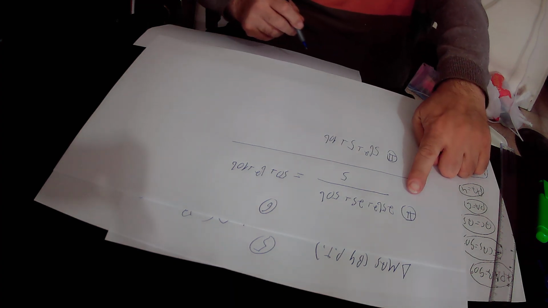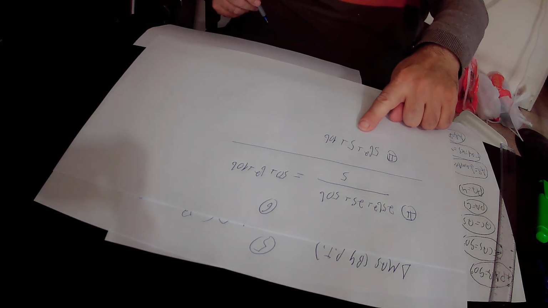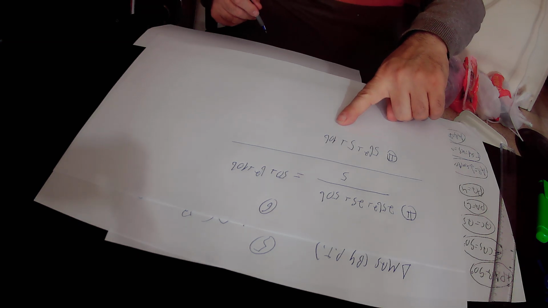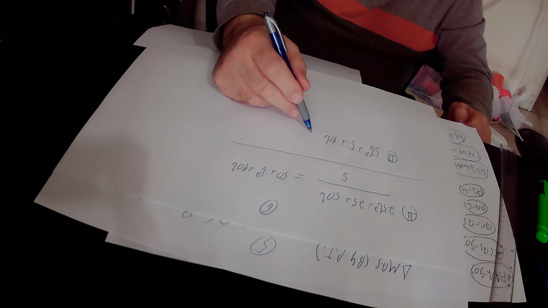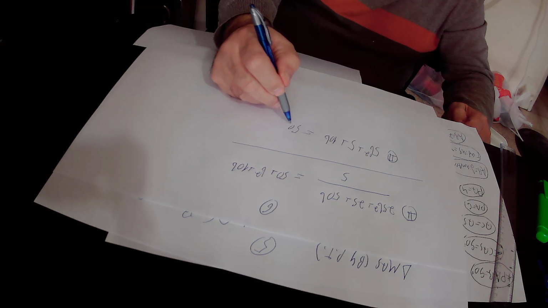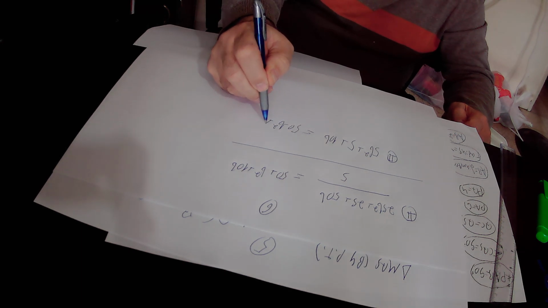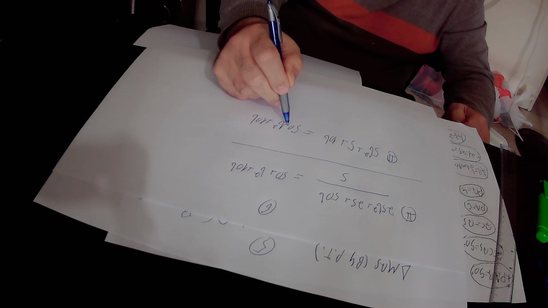So in total, on this side we have 5b squared plus 5 plus 10b. On the other side of equation number 2, we have 50 plus b squared plus 10b.